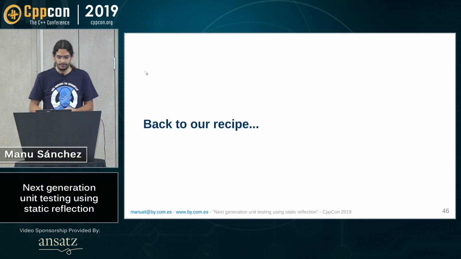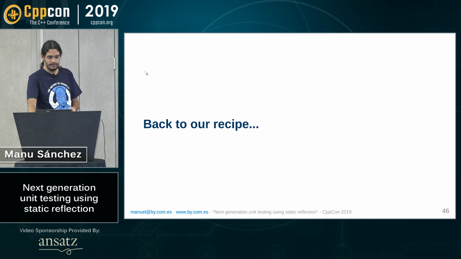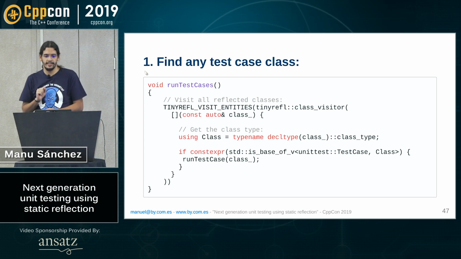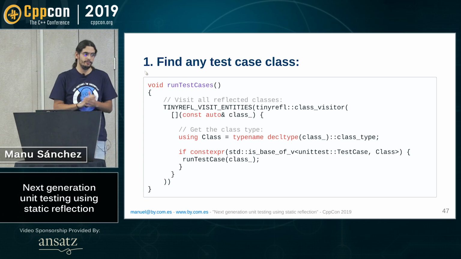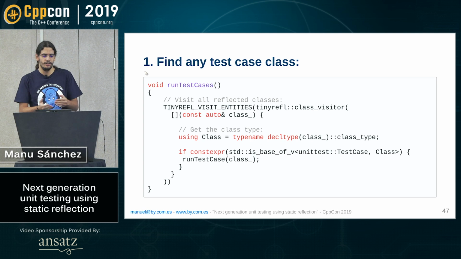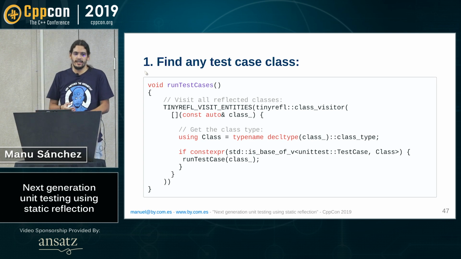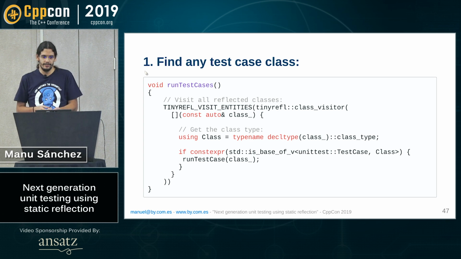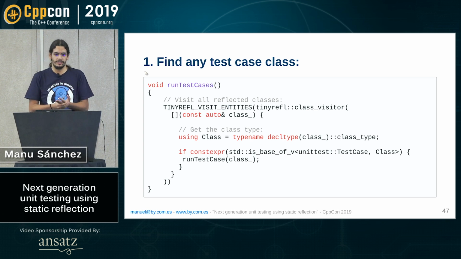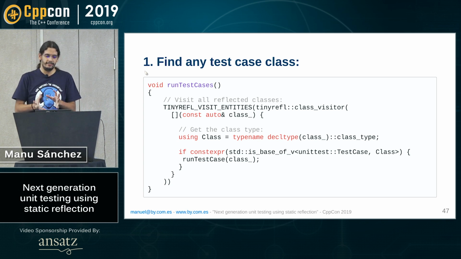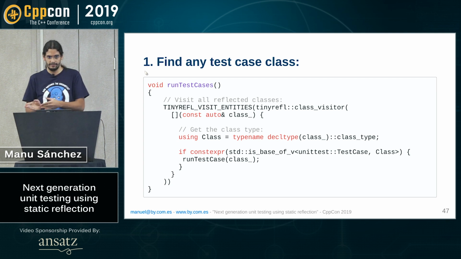Okay, back to our recipe for test function discovery. Number one, find any test case class. To find any test case class, you will have to get every class declared in your library, in your test executable, and check if that class is an actual test case class.